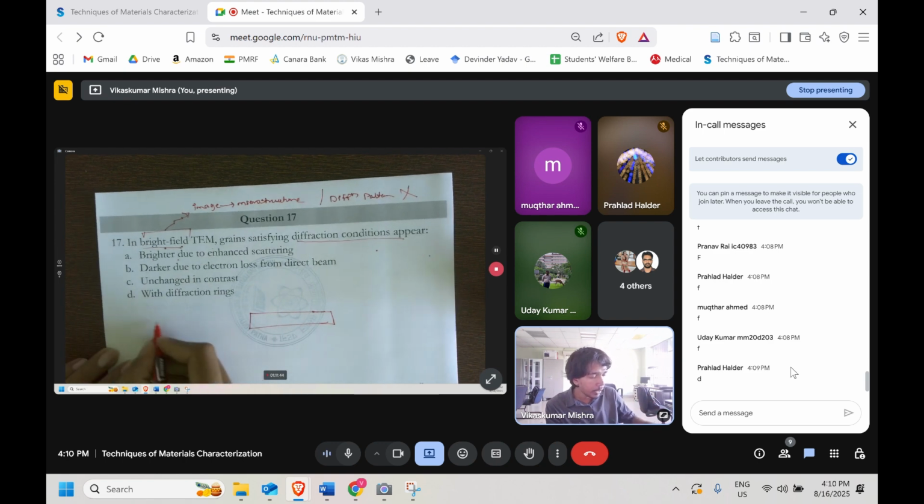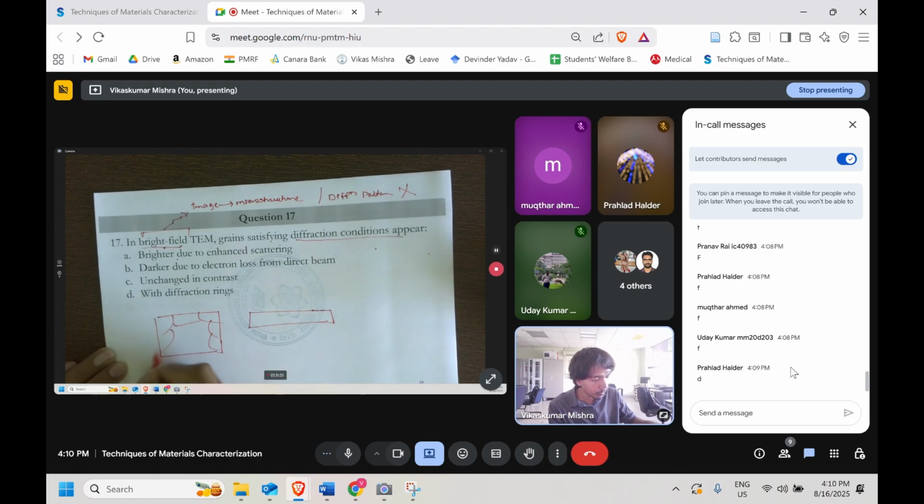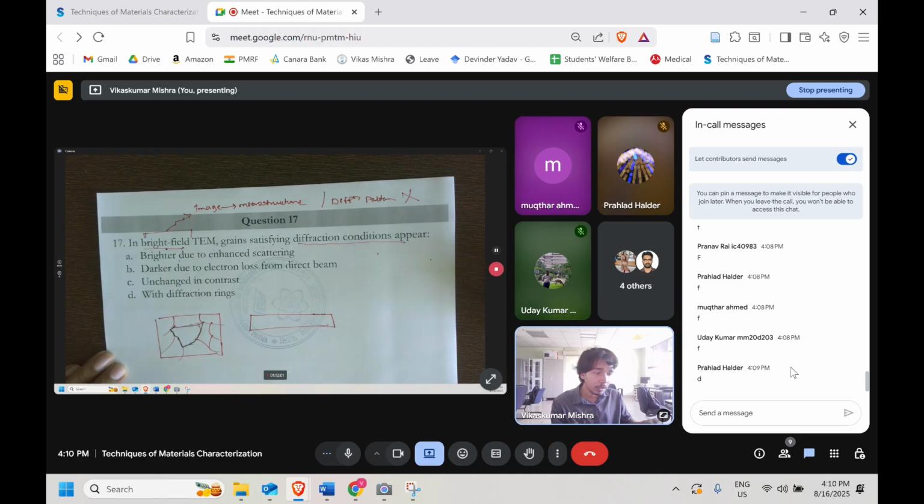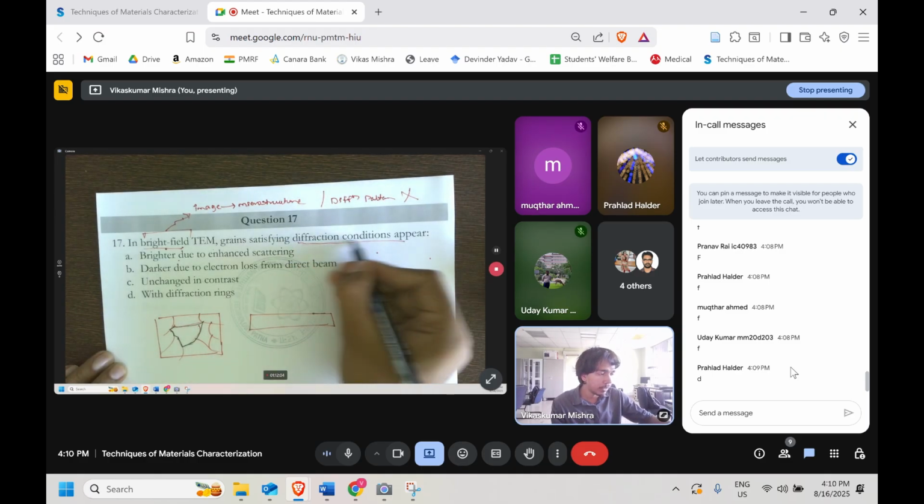Now let's say you had the microstructure, and a particular grain, let's say this grain, satisfied the Bragg condition, the diffraction condition.